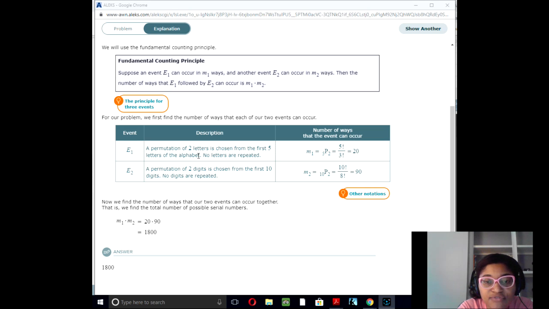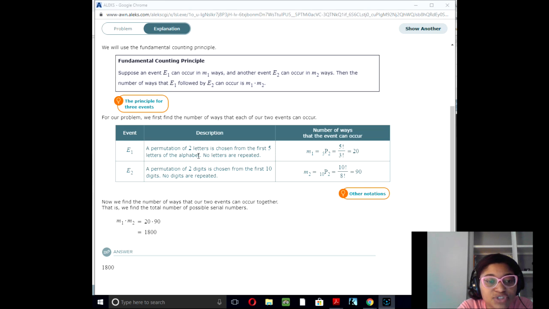And so you see they have 5 over 3 equals 20. Now remember that they're doing this the same way as we worked out the other problems before. So they would have written out 5, 4, 3, 2, 1 on top, 3, 2, 1 for the bottom, and then they would have canceled out the 3, 2, and the 1, which would have left them with 5 and 4, which gives them an answer of 20.